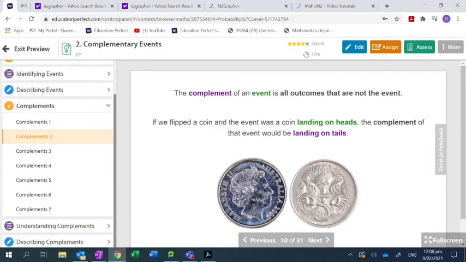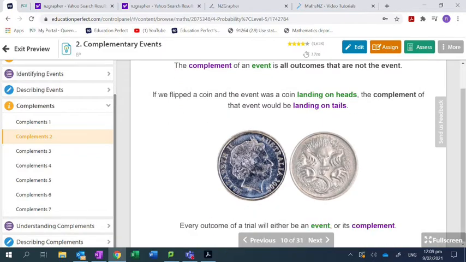Here it is. Okay? So, when you're talking about the complement, so there's your word, of an event is all the outcomes that are not the event. Okay? So all the outcomes that are not the event. So, if we flipped a coin and the event we got was a coin landing on heads, the complement of it would be not a heads.